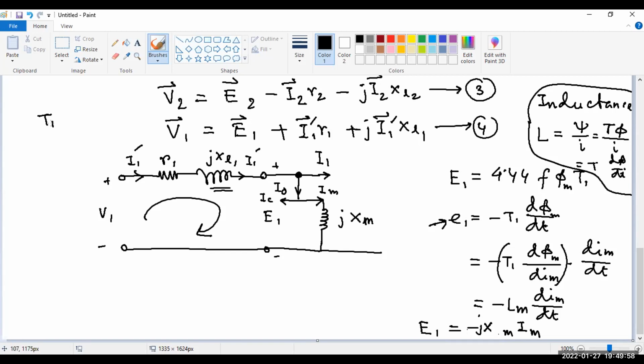It is N1 into I1, so T1 into I naught. That MMF will be generated. Now this MMF will try to produce some flux. Earlier also I told you that MMF is responsible for generating the flux. So this will generate some flux.